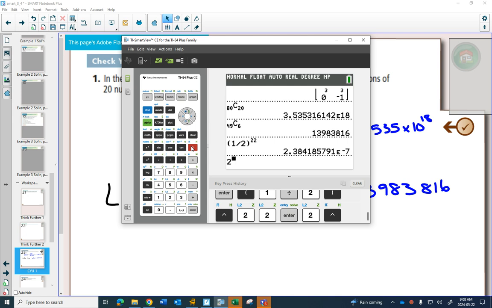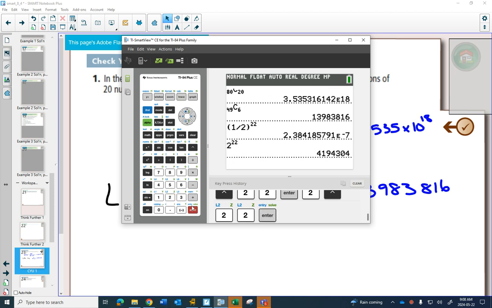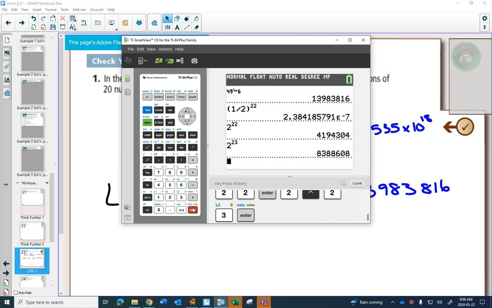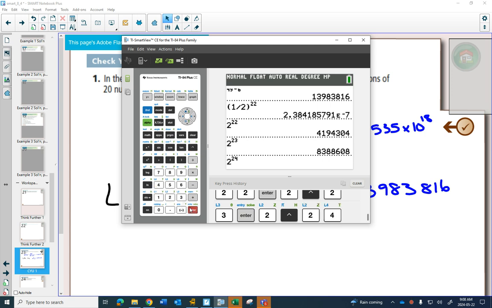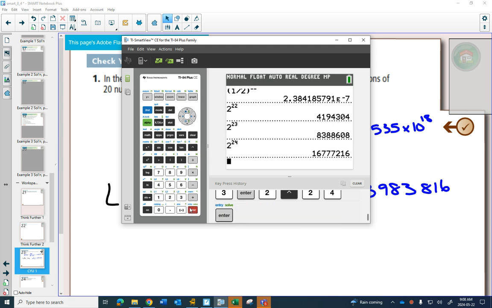If I do 2 to the 22, that's only 4 million chances. 2 to the 23 is 8 million. 2 to the 24, it is easier to flip a coin and get heads 23 times in a row than it is to pick the right numbers for the lottery.